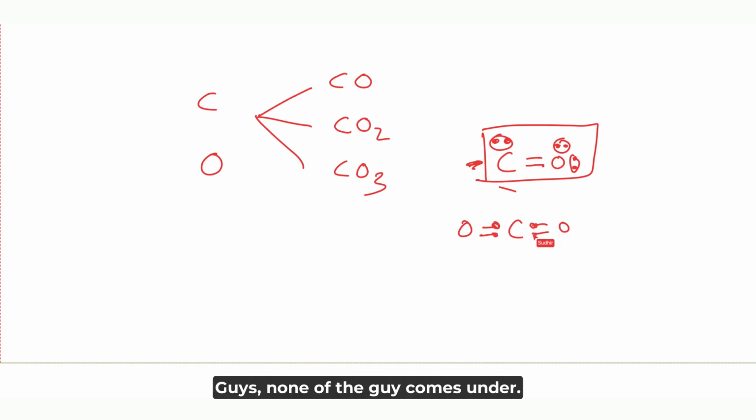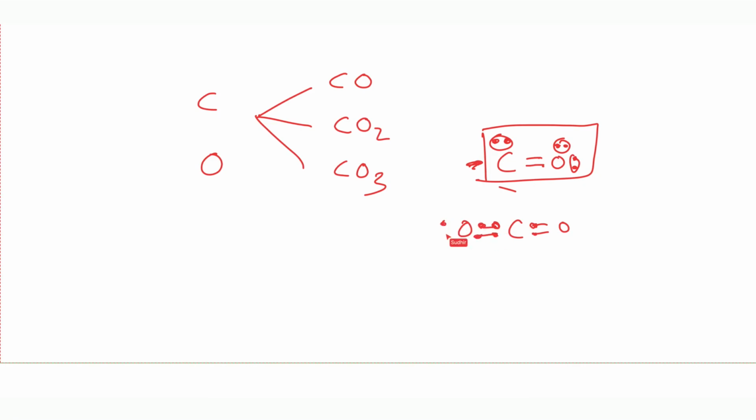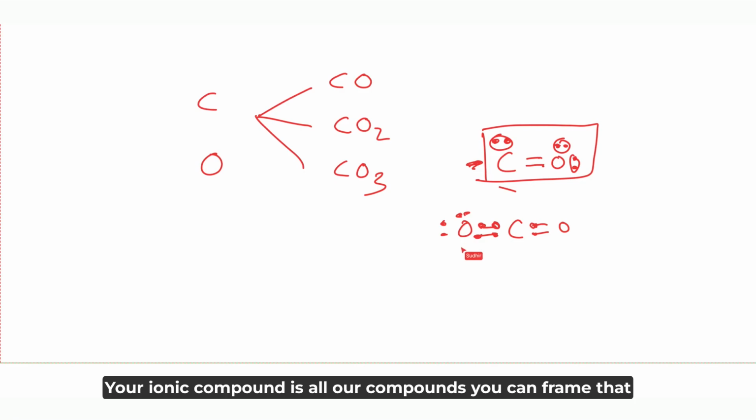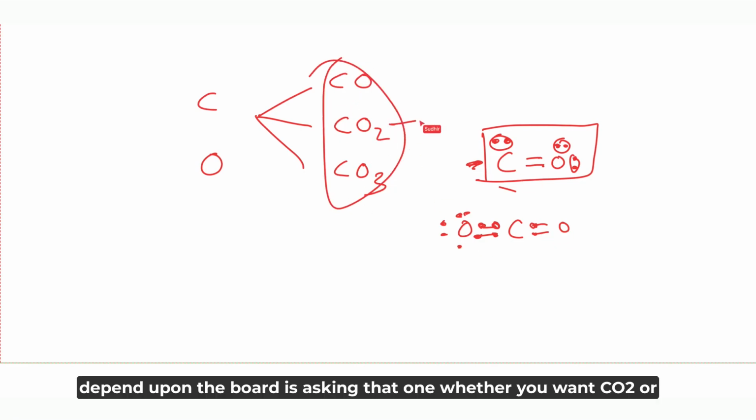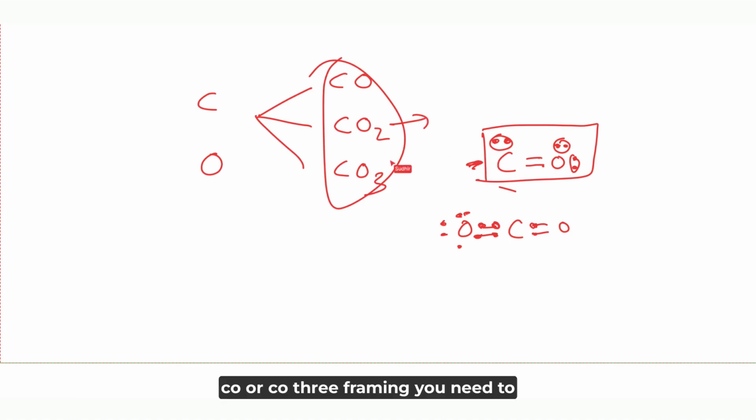All are sharing, and none comes under ionic compounds. You frame the structure based on what is asked, whether CO2, CO, or CO3.